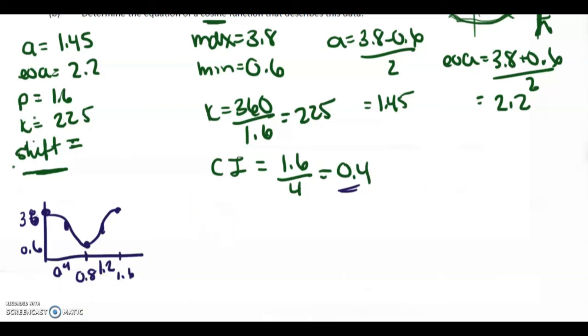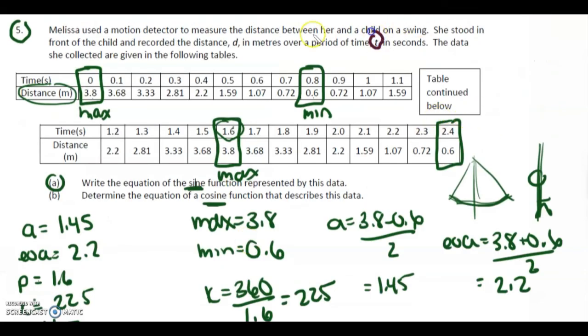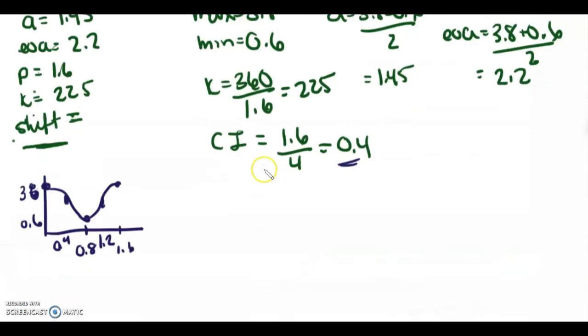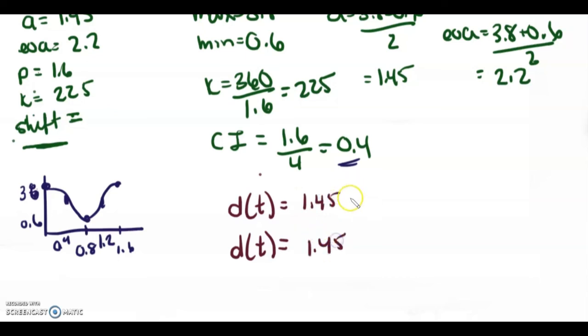So here are our equations. This wants it with t and d, so we're going to have distance at time t. Amplitude doesn't change whether we're using sine or cosine, so the amplitude is going to be 1.45. The first one we're going to do is sine, the second one is cosine.